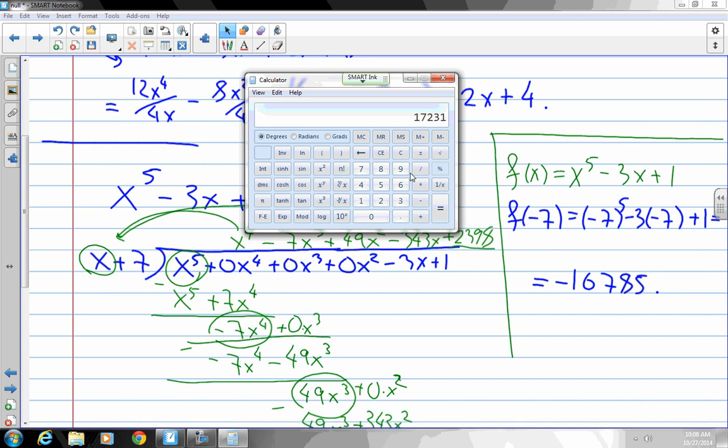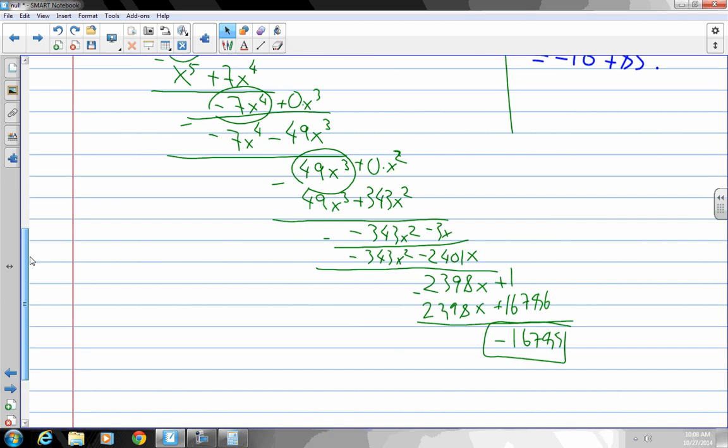So if I do -7 to the power 5, it's whatever that is. And then I can do the rest. It's -3 times -7 is +21 and then +1. Yeah. Right? There's a little theorem in algebra that connects the value of your function to the values of the remainders.